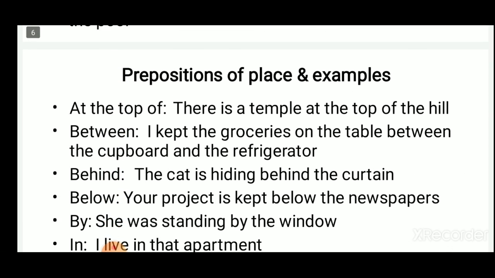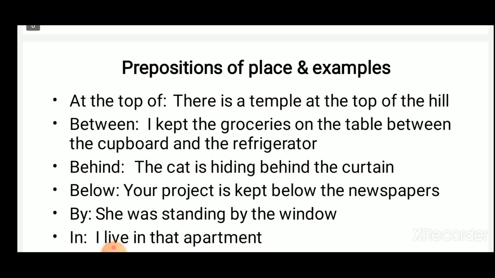Prepositions of place and examples once more. Some more prepositions of place and their examples are here. At the top of: there is a temple at the top of the hill. So it is showing the highest point of the hill.